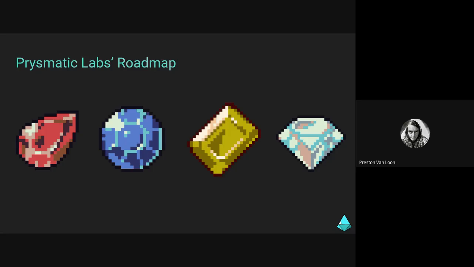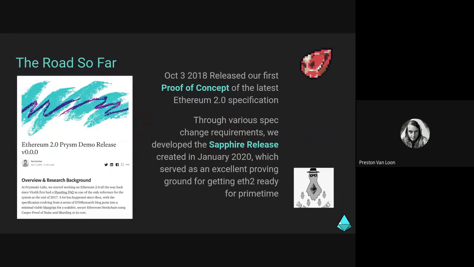Okay, so now we have a rough idea of how features go from research to implementation. Now let's take a look at the Prysmatic Labs roadmap, starting with our very first Ruby release, which we had created in 2018. So in October of 2018, we released our first demo of ETH2.